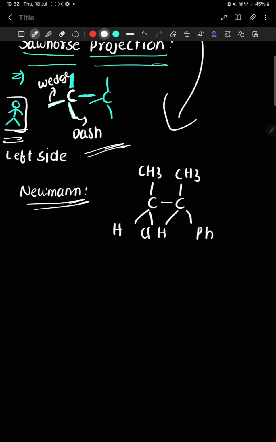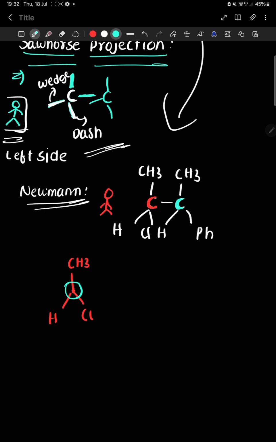Again, like I said, we have to look at it from the left. The first carbon atom we see is a dot. Now simply represent CH3, H is inclined at this angle, Cl is inclined at this angle. Now, the second one we see is going to be a circle.